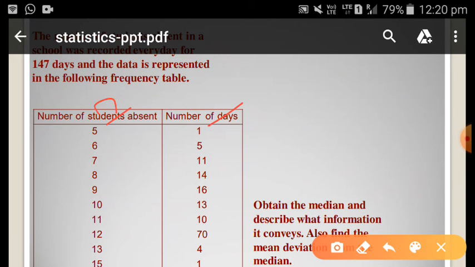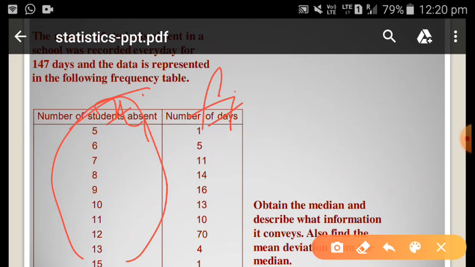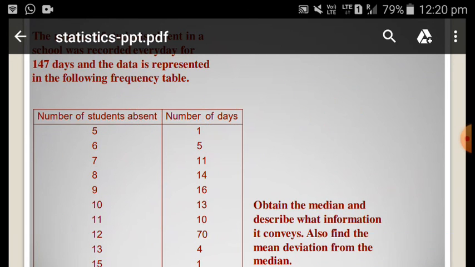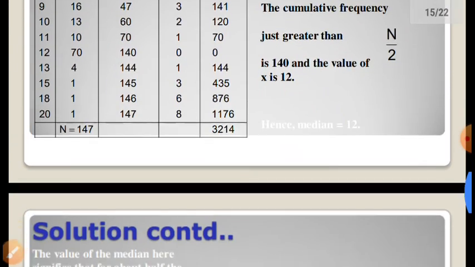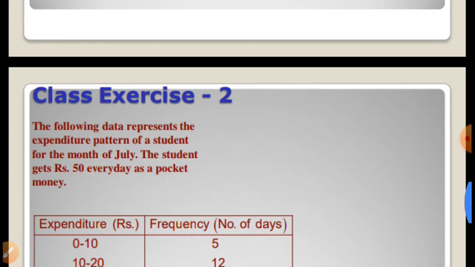If you consider this as xi and this as fi, these are already the mid values for discrete data. So you multiply fi with xi, and these values should be taken. This should be divided by the sum of the frequencies, so that you get the mean. This is the way to find the mean deviation about the mean.